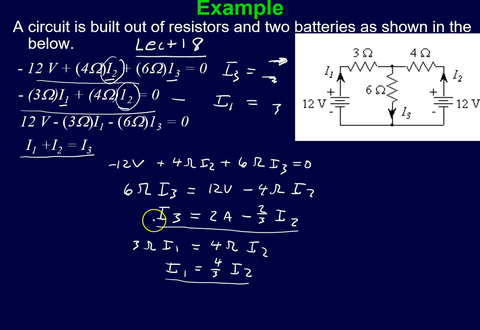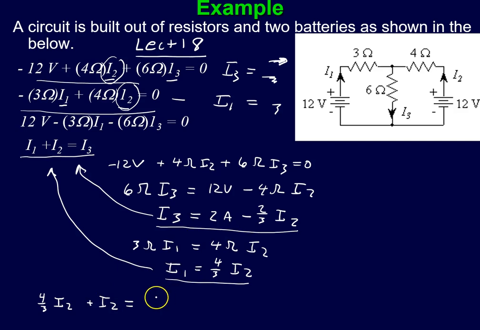Now we want to plug both of these into this equation over here. I'll get 4/3 I2 plus I2 equals I3, which I can plug in as 2 amps minus 2/3 I2.